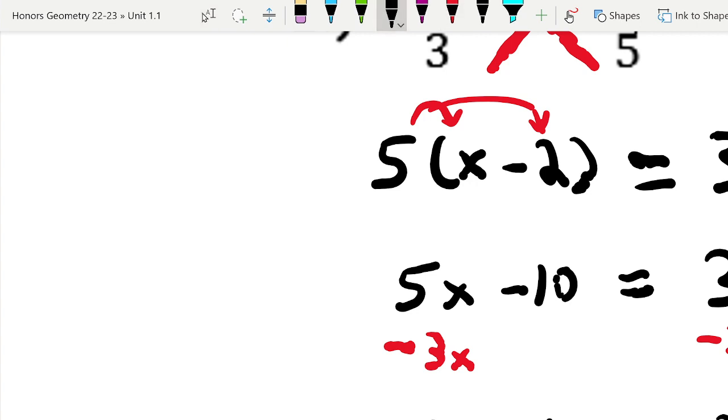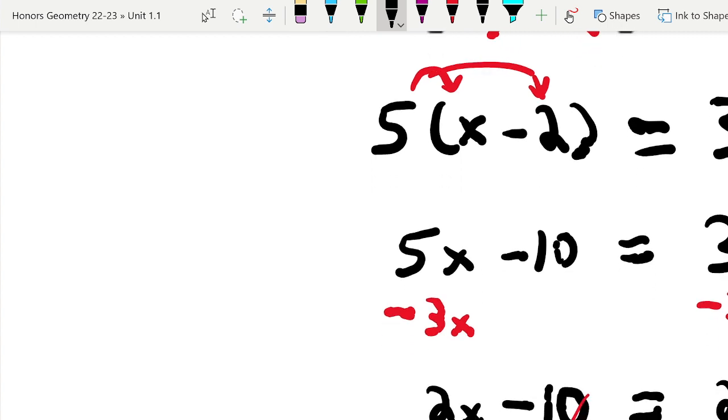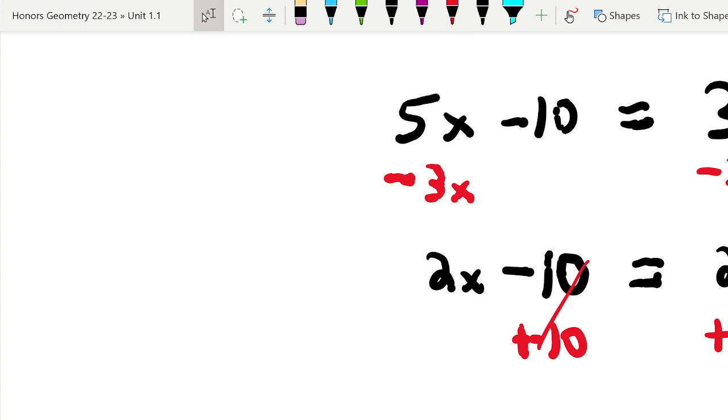So now we have 2x equals 31. Go ahead and divide by 2.